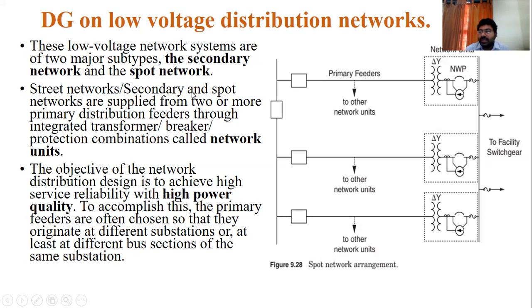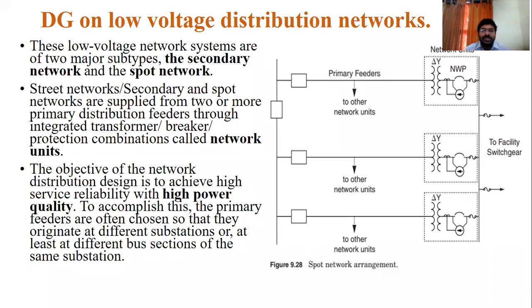A secondary or street network supplies power area-wise, but a spot network supplies power to buildings, large commercial buildings, and some small industrial buildings or industries.